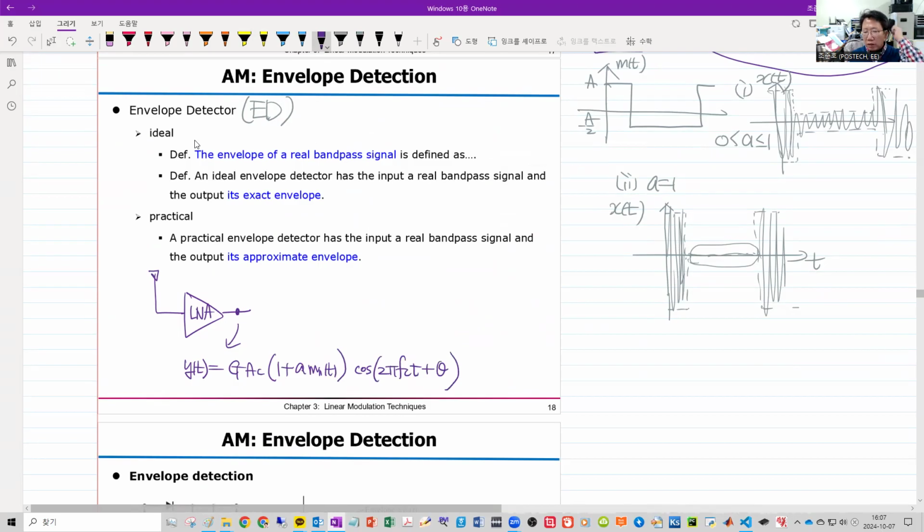Now, we know that we can build some system called an envelope detector, which extracts the envelope of this signal.